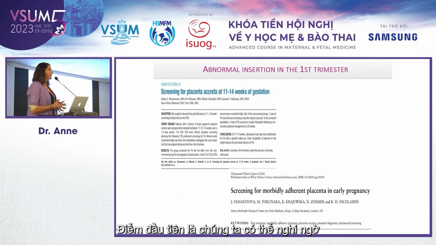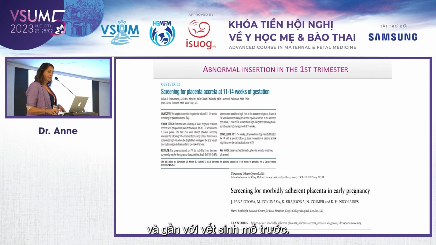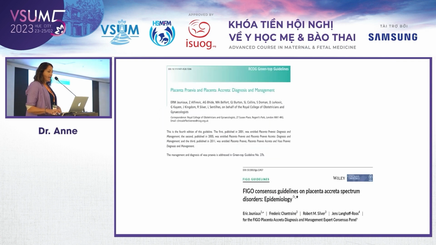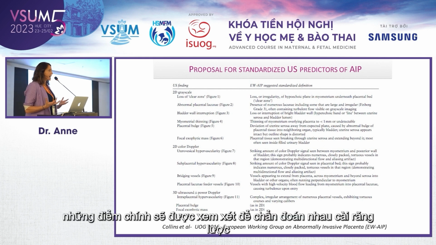The first point is that we can suspect abnormal insertions since the first trimester, specifically when the invasion of the placenta is near the cervix and near the previous caesarean scar. More recently, the FIGO consensus decided to emphasize the main points to be considered in the diagnosis of placenta accreta.